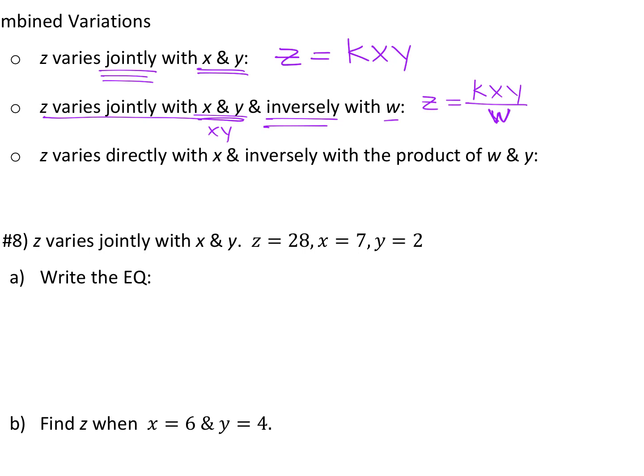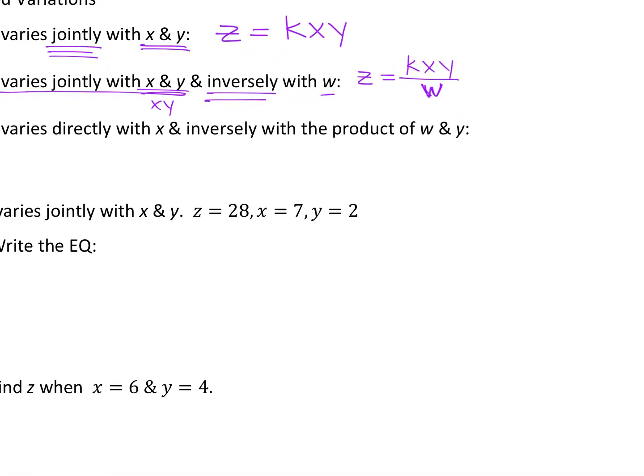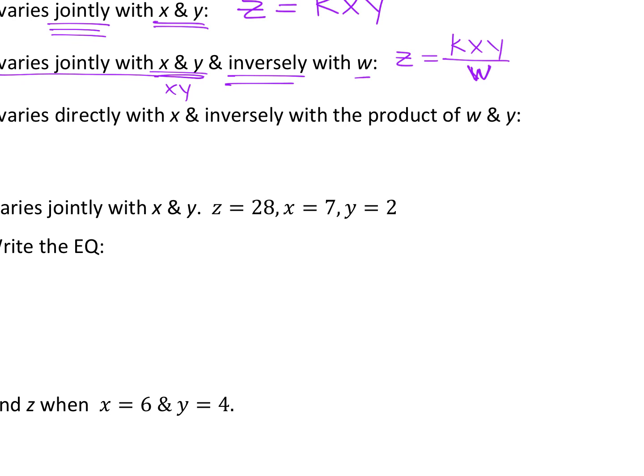All right, last one of these, and then we'll try some with numbers. This one says z varies directly with x and inversely with the product of w and y. You try that. See if you can set that one up. How'd you write it? What comes after z?